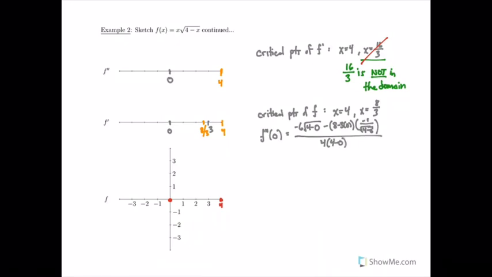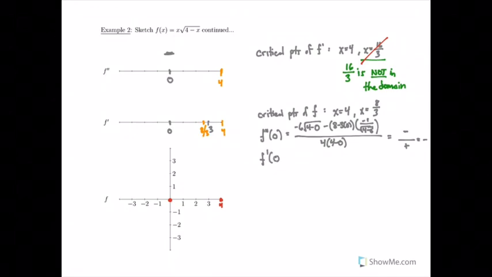That looks gross, but again, all I care about is the sign, whether it's positive or negative. We know that the denominator is going to be positive, and the numerator is going to be negative 6 times square root of 4 minus something that is going to be positive. So this is going to be a negative number on the top. This whole thing is negative on the entire function, always concave down.